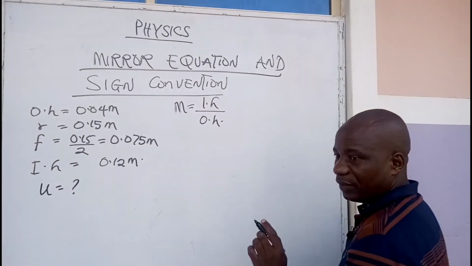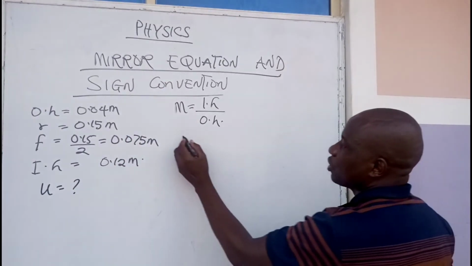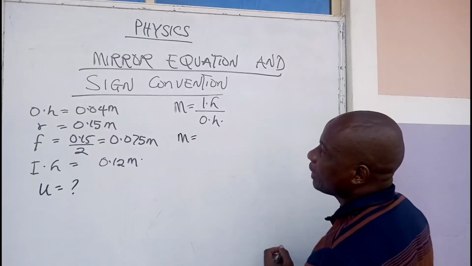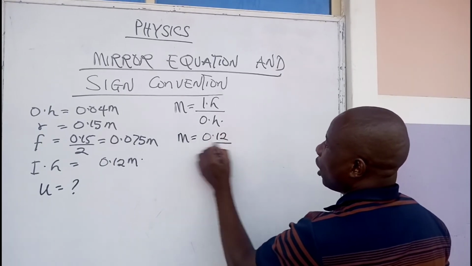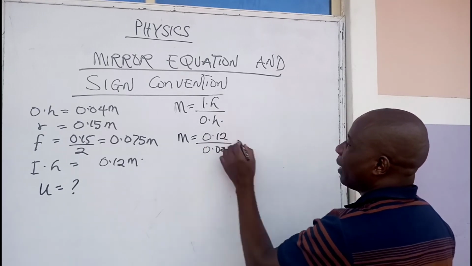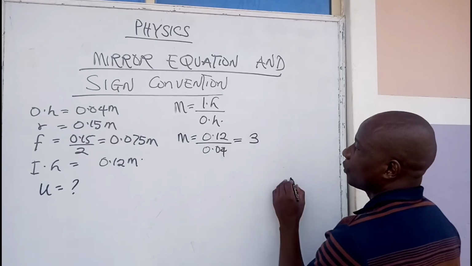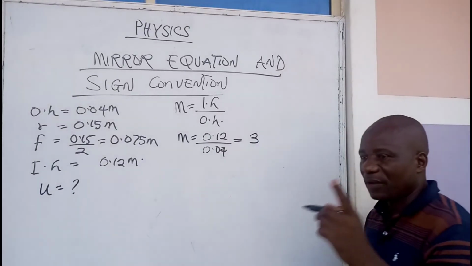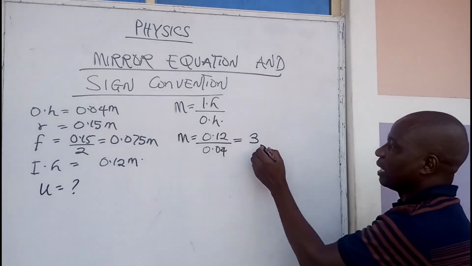That is 0.12 all over 0.04, and when you divide, class, this one is going to give you 3. Magnification does not have unit because meter cancels meter.